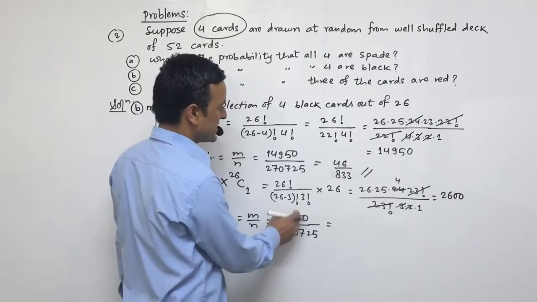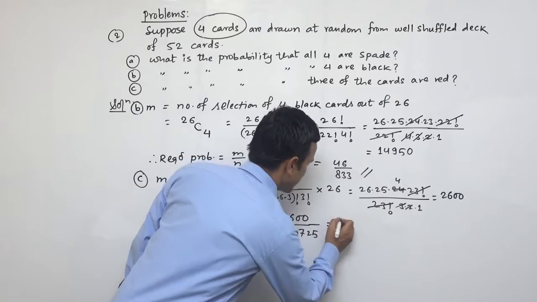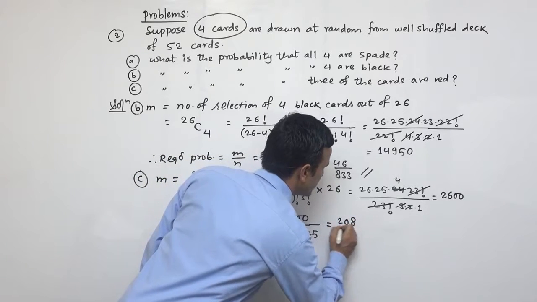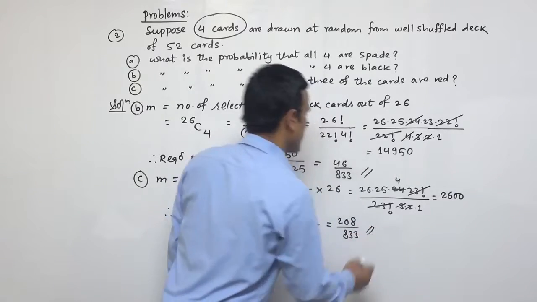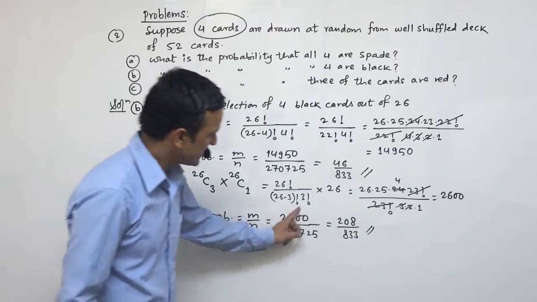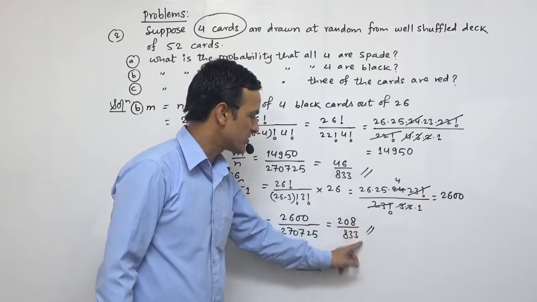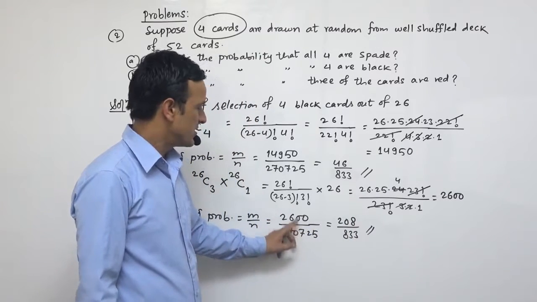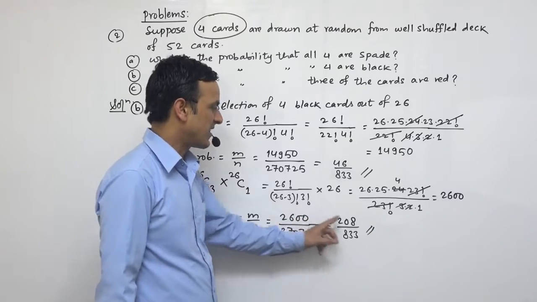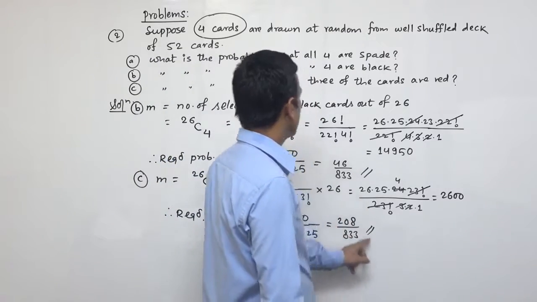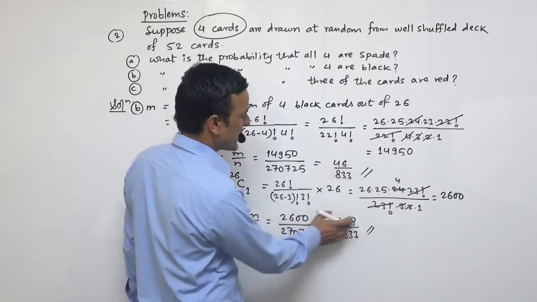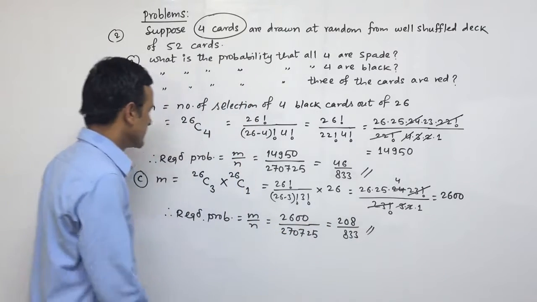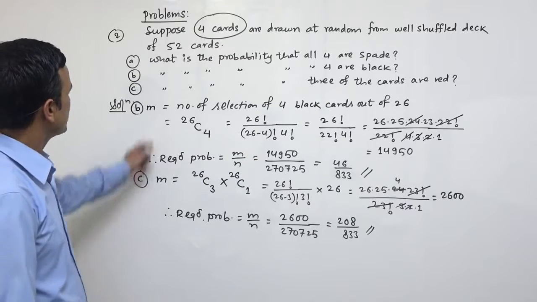So if you cancel these two terms, then we get 208 divided by 833. So this is the answer. Cancel गरिसकेपछि final answer हाम्रो यो हुन आउँछ. So first of all, you can cancel these numbers and the answer should be like this. Answer यसरी cancel गरेपछि लेख्ने, यतिकै नछोड्ने, cancel गरेपछि हाम्रो answer आउँछ. So this is the answer of number C.